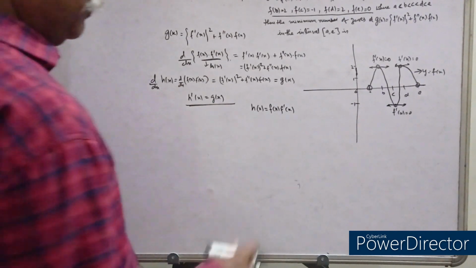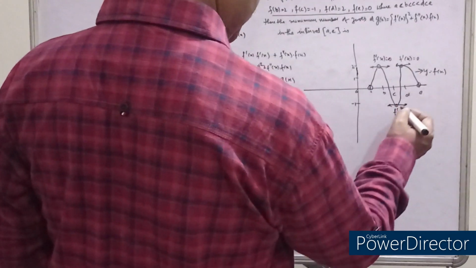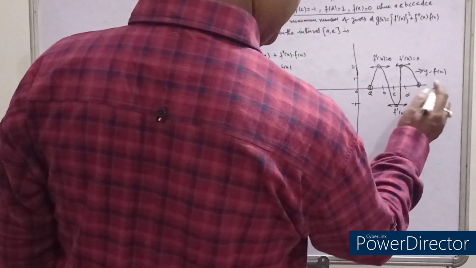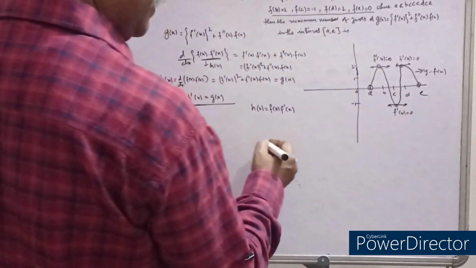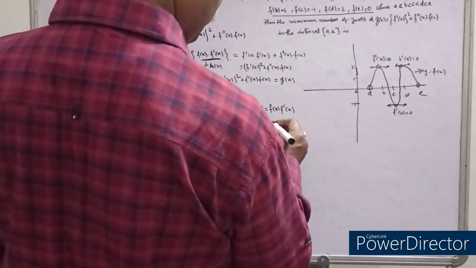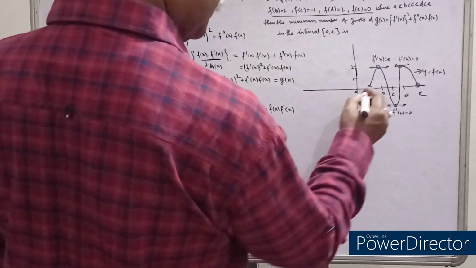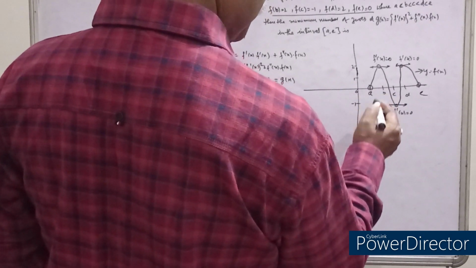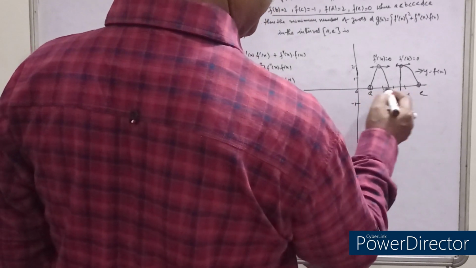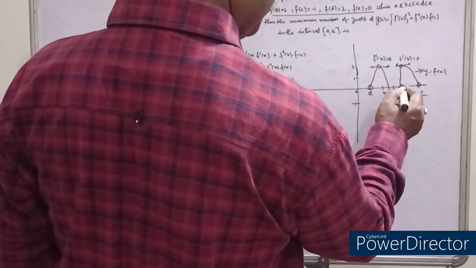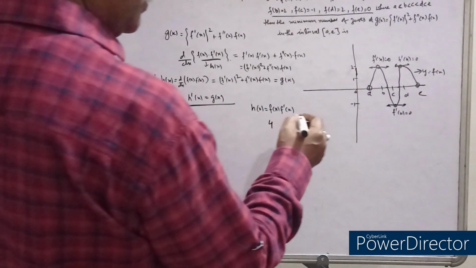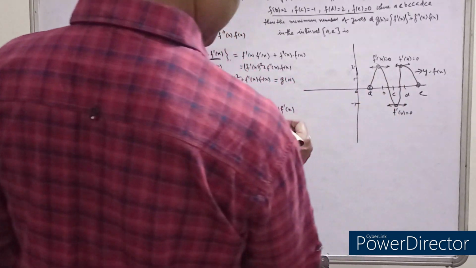This is the function f(x) graph, this is a, and this is e. The number of zeros of f(x) is 4: 1, 2, 3, 4, these are the zeros. And for f'(x), 1, 2, 3, there are 3 zeros.